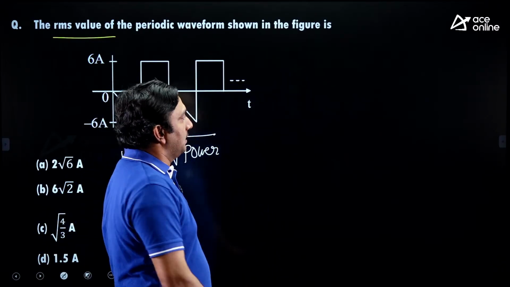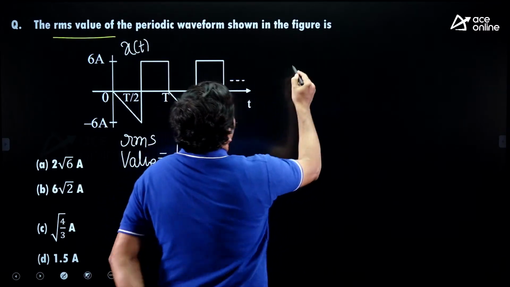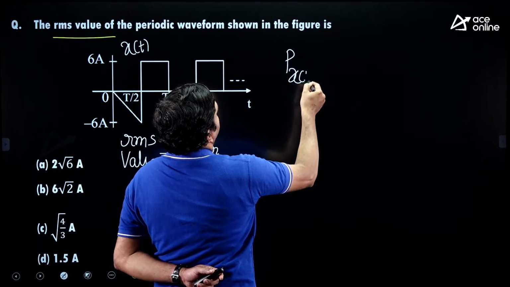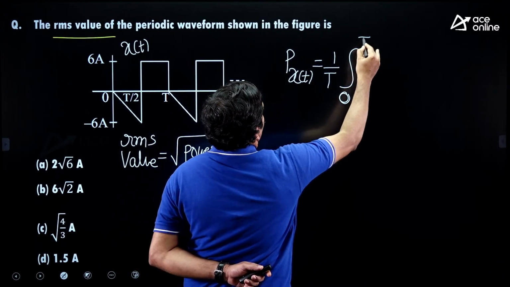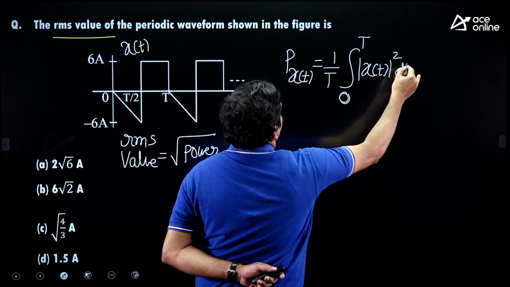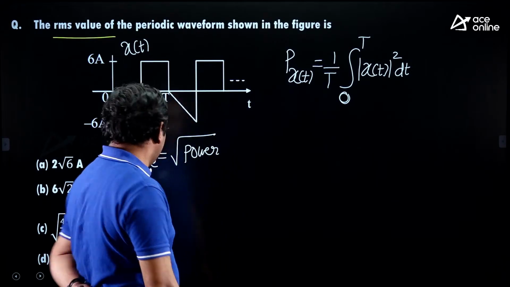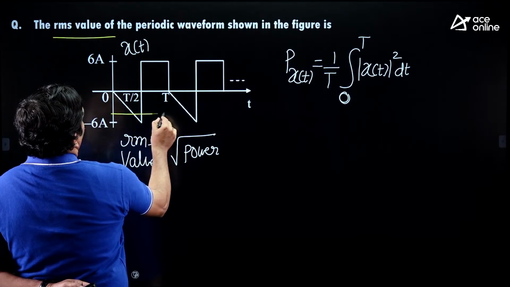Assume x(t). So what is the power of x(t)? It is 1 by T integral 0 to T of mod x(t) whole square dt. So we are in a position to find the power for one period.